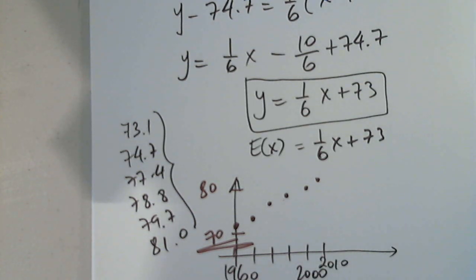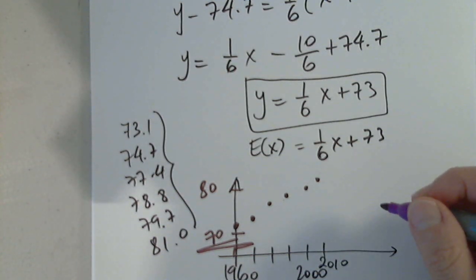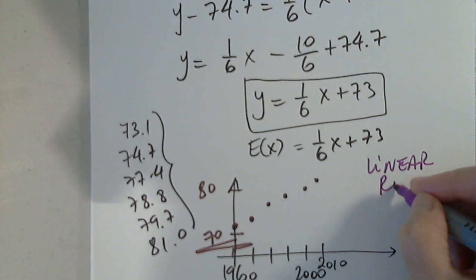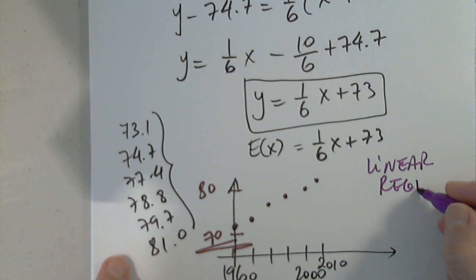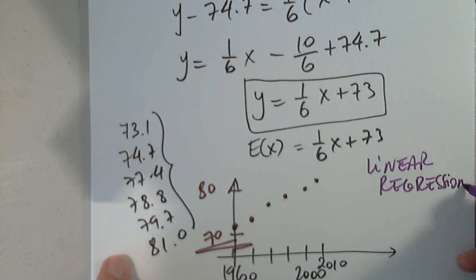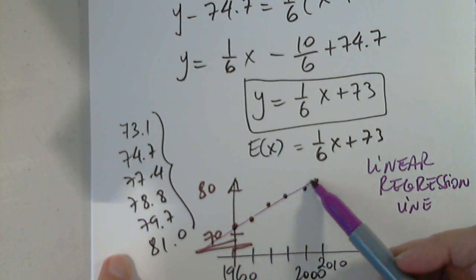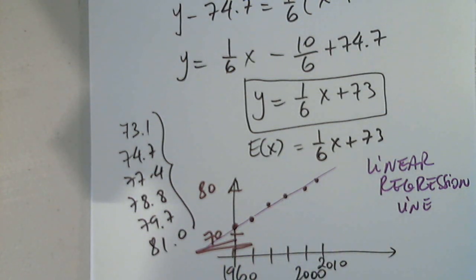So that is called, if you ever need to take statistics, this is what I teach my class on Thursday, I think. It's a linear regression. You do not need to remember this. Linear regression line. So we will graph a line that is the line of best fit.